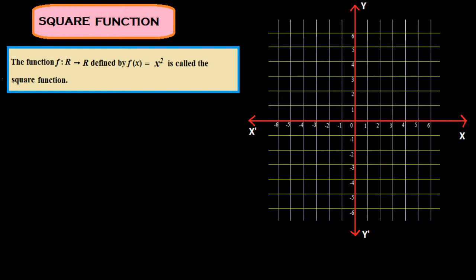We have the function f(x) = x². Here I put some values. If x = -4, then f(x) = (-4)², which is equal to 16.